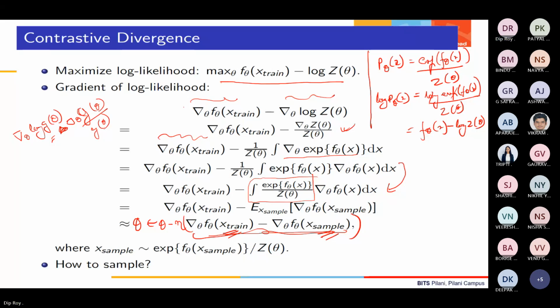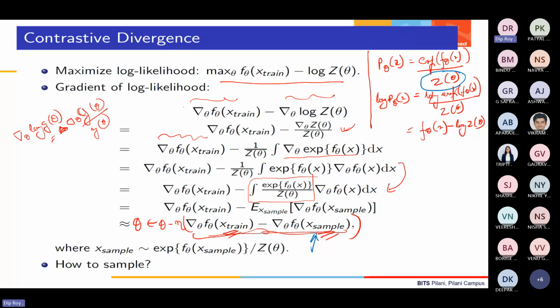Now, the key problem with contrastive divergence is, everything looks good, but how do we sample from an EBM? You understand why it is difficult to sample from an EBM? Because we don't know this. So how do we sample?